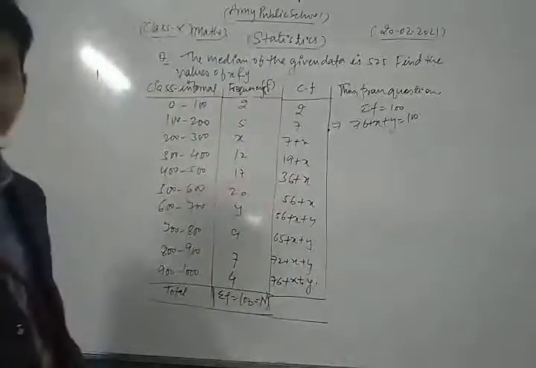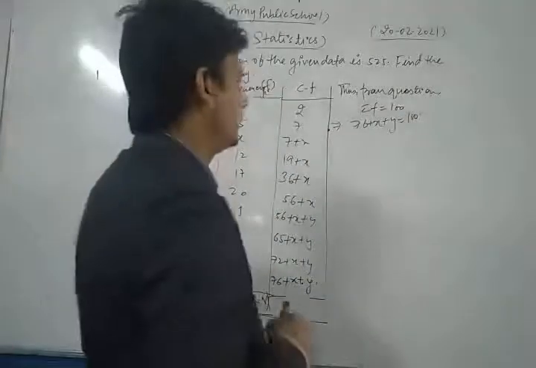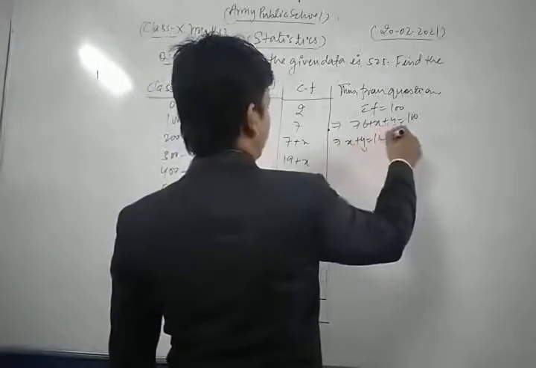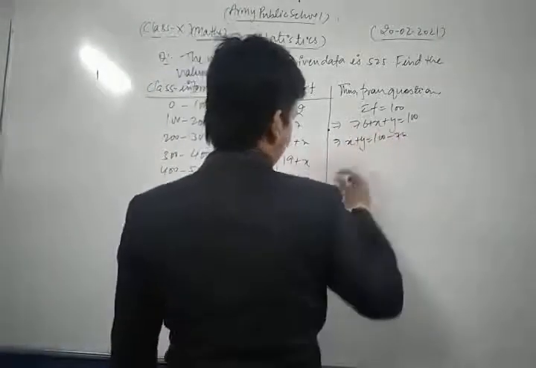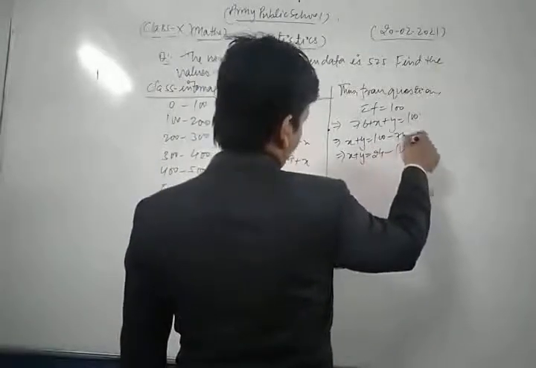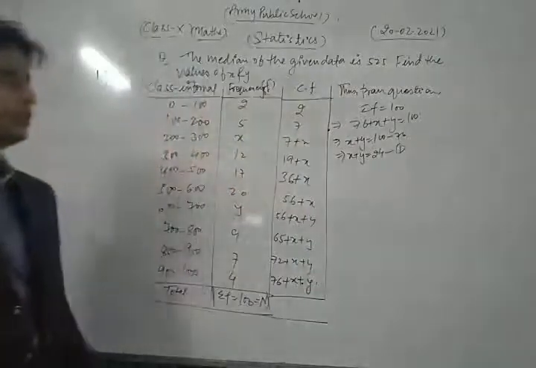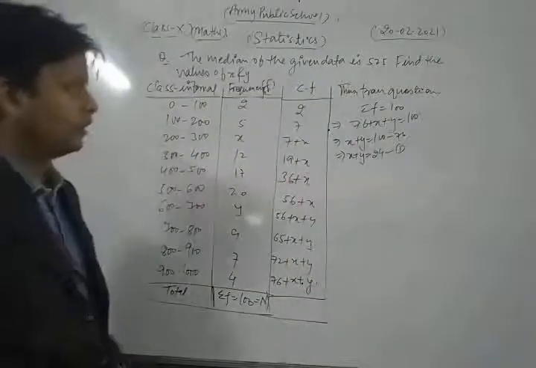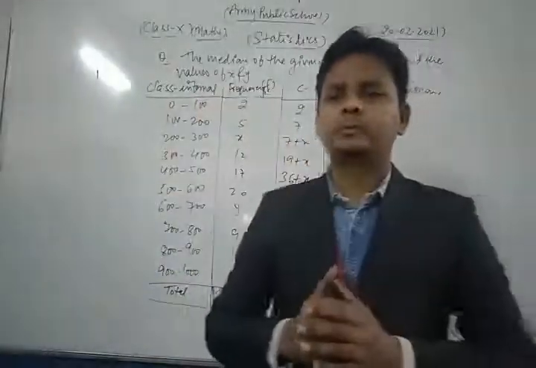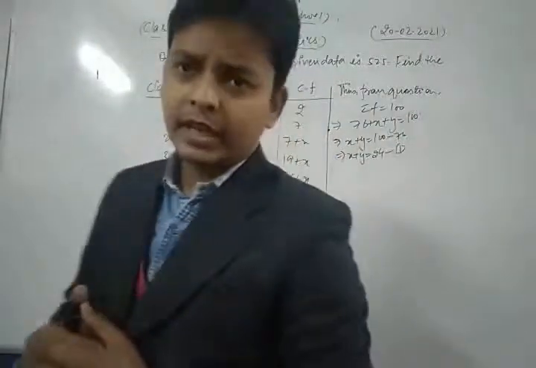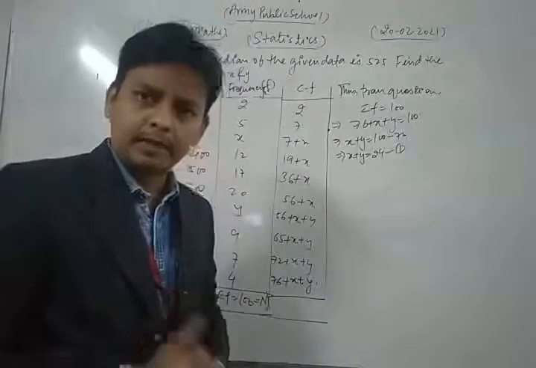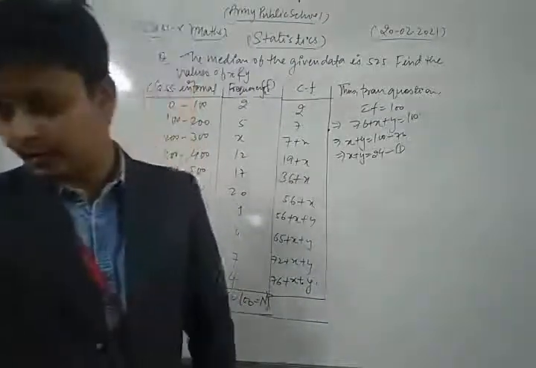Now we simplify: x plus y is equal to 100 minus 76, which is 24. Thus the value of x plus y is 24. Take this as equation number 1. In this way we find a relation, an equation, x plus y is equal to 24.